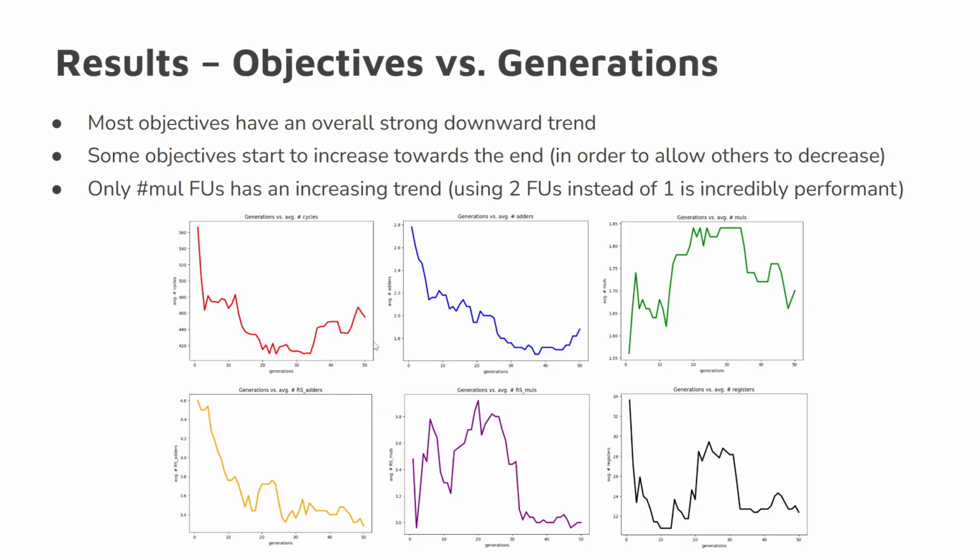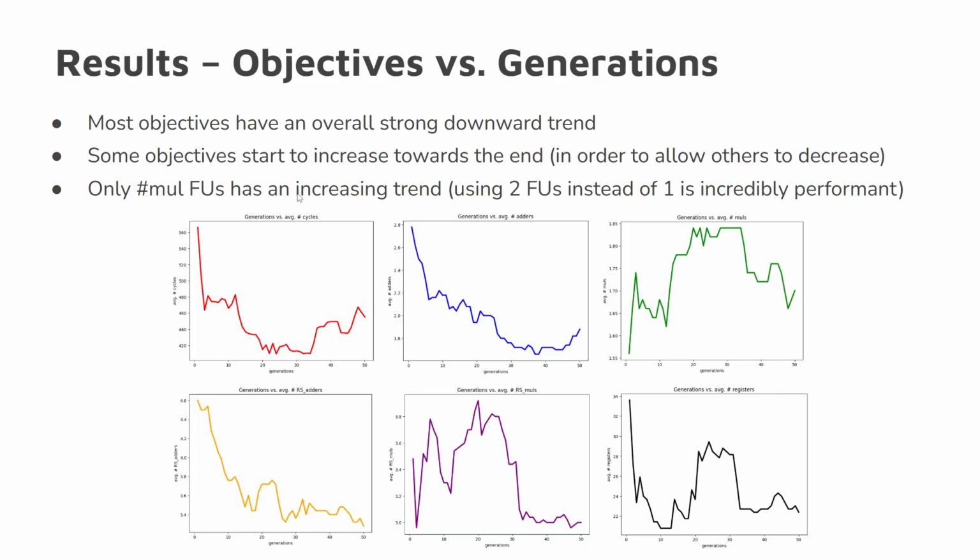That's what the evolutionary algorithm is doing here, and we can see that because it minimizes the objective and then increases a little bit to make room for other objectives to lower as well.